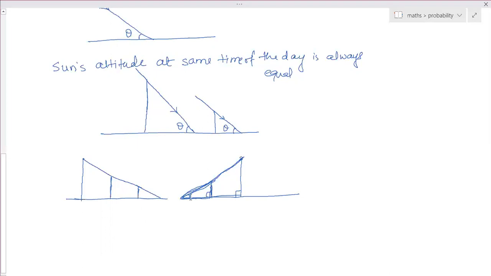For the smaller triangle, if you name it OAB, this is O, this is A, this is B, this is C and D. So angle AOB and angle COD will always be equal. Okay, ma'am, thank you. Because the ray travels the same straight path.